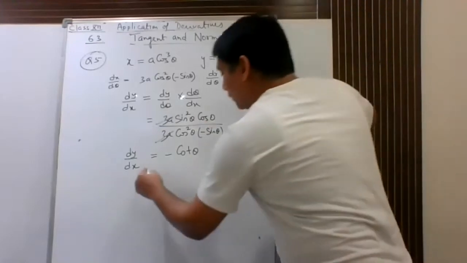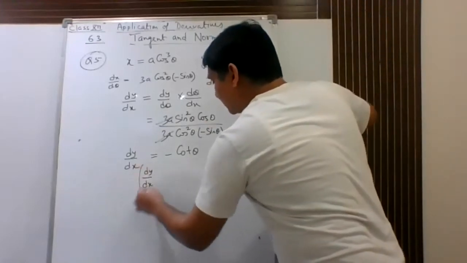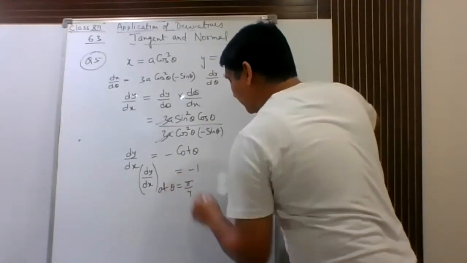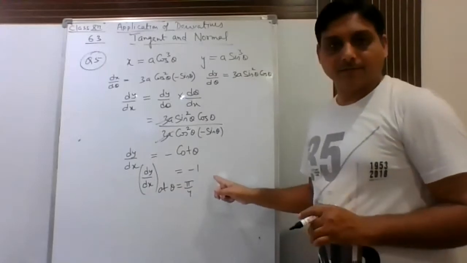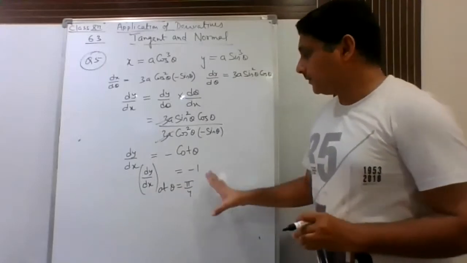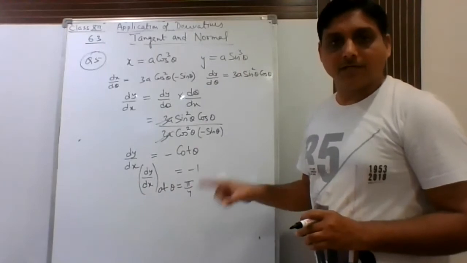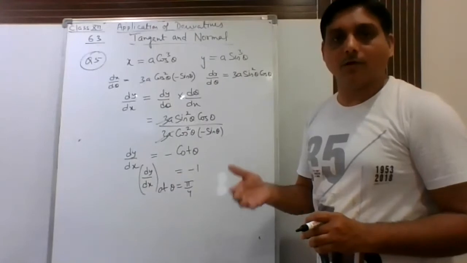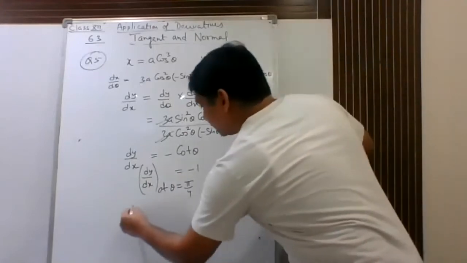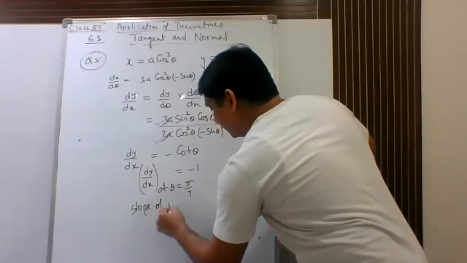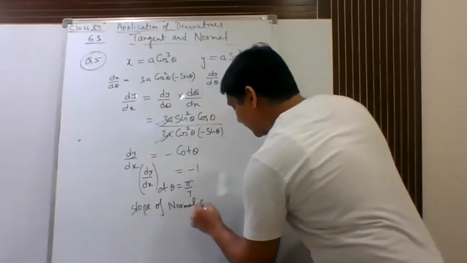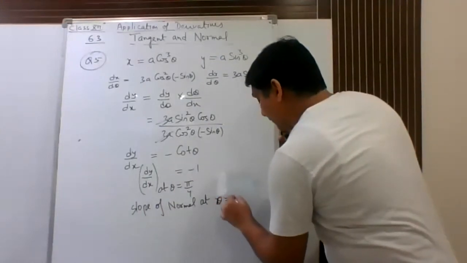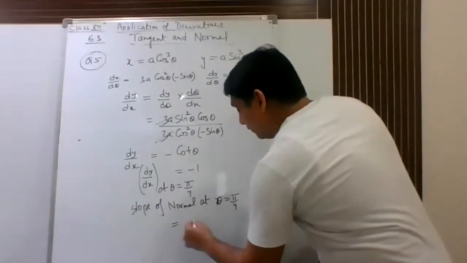Now, we want to find dy upon dx at theta equal to pi by 4. That will come out to be minus 1, right? Be very careful. This is the slope of the tangent at theta equal to 45 degrees. Now, as per the question, we want to find the slope of the normal. So you will write the slope of the normal at theta equal to pi by 4 will be equal to plus 1.